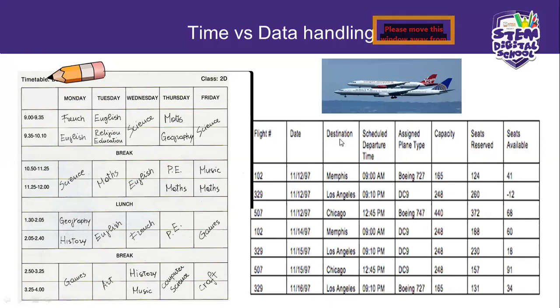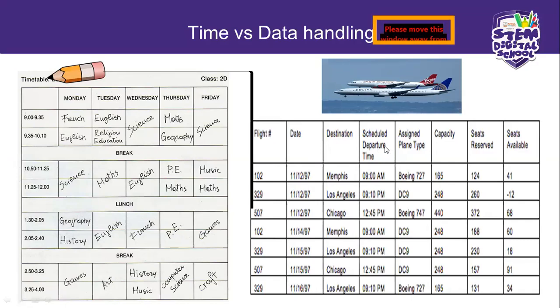Right, and then they tell you the destination. So these flights are going to Memphis, Los Angeles, Chicago, Memphis, and so on. And then they give us the scheduled departure time. Anybody who knows what this word means?